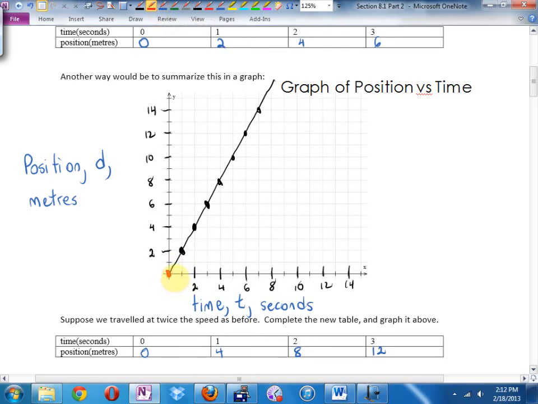This looks like this. It goes through 0, 0, 1, 4, 2, 8, 3, 12. And again, I notice a pattern, but I think this time the pattern is up 4 over 1, up 4 over 1, up 4 over 1.